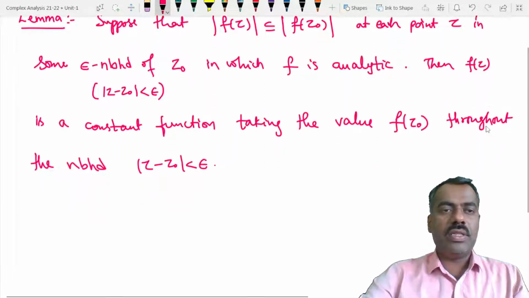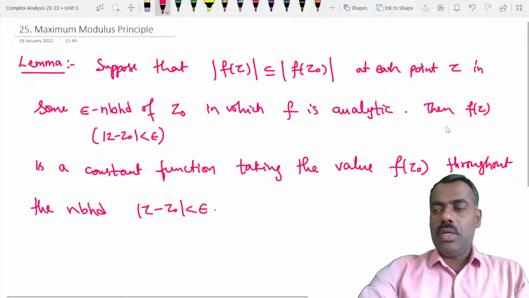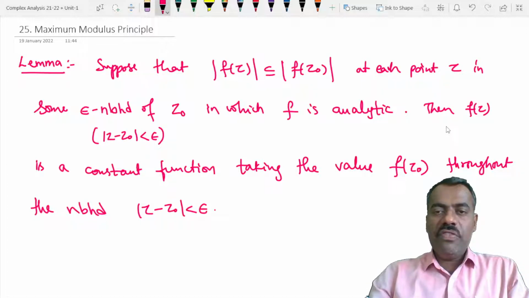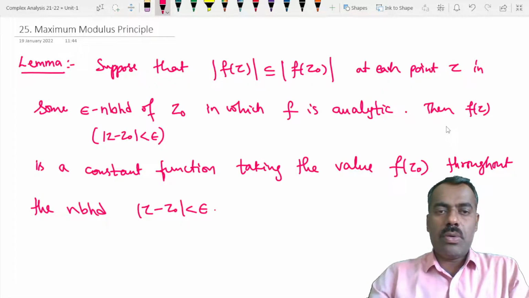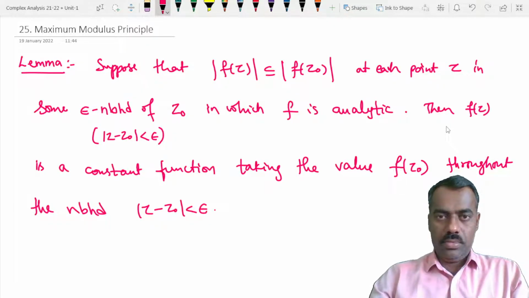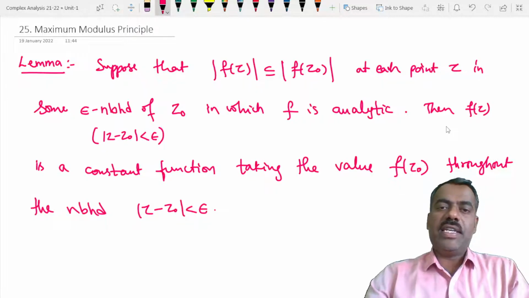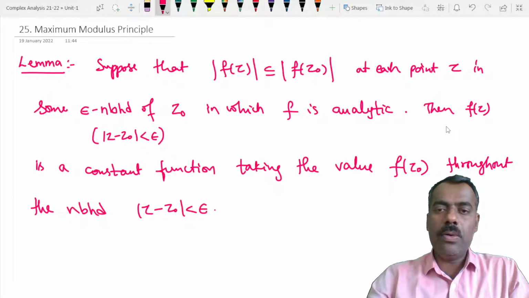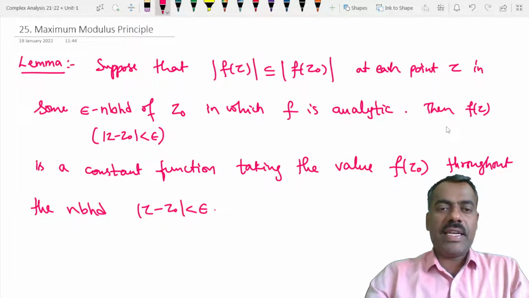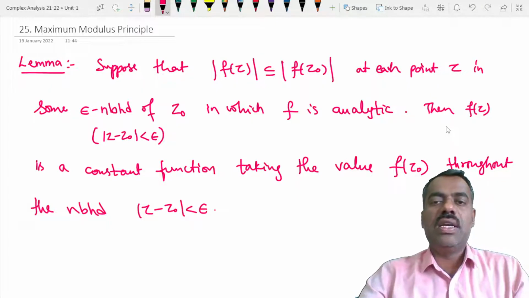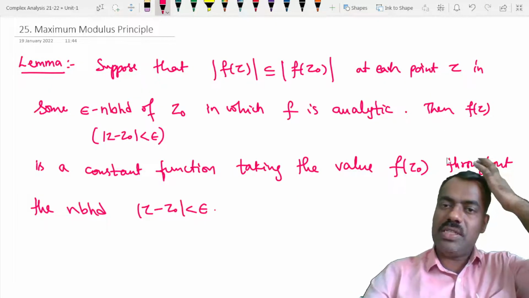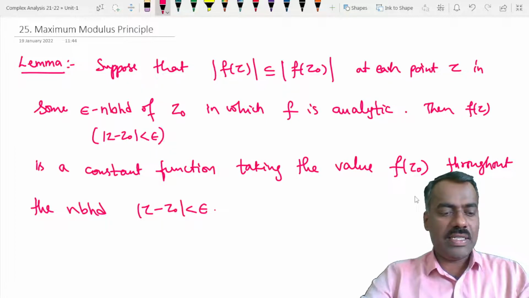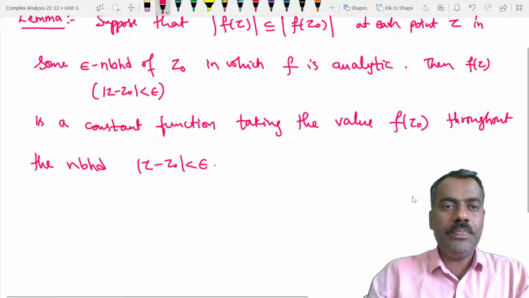So this is the lemma, which says that if you have an epsilon neighborhood of z naught such that mod f of z naught is the maximum value in that neighborhood, and f is analytic in that neighborhood, then the only possibility for f is a constant function, of course, which takes f of z naught, because f of z naught is there inside already.